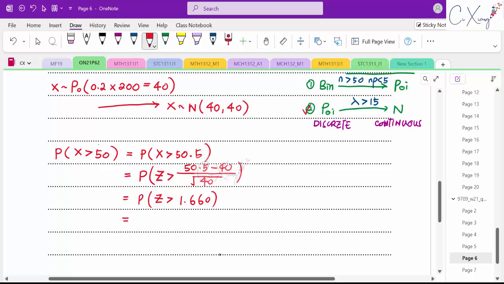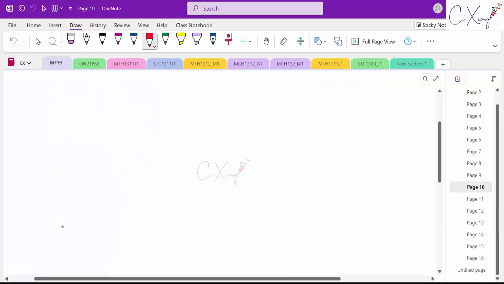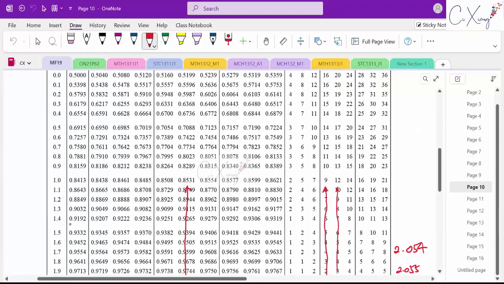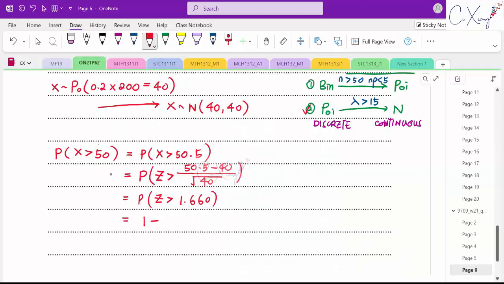Z greater than a positive value should be 1 minus, then I look for 1.660, so 1.6, and then the 6 is this one. The 0 means you don't need to do anything. So what's the answer here? 0.9515. Go back to our solution. I will get 1 minus 0.9515. Then by right, this is your answer.